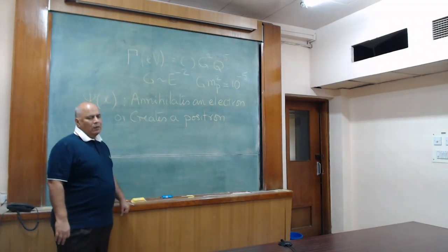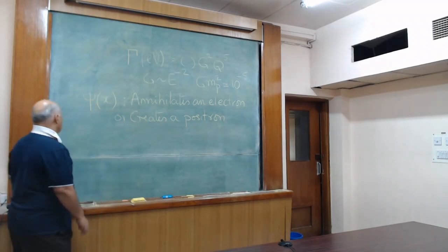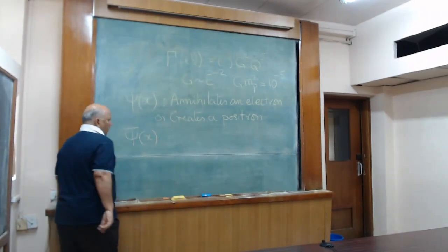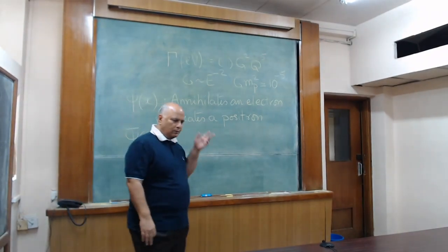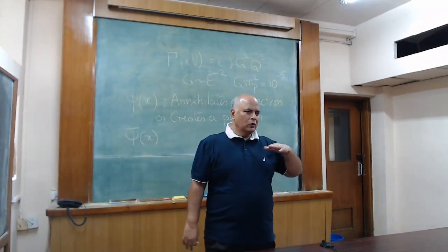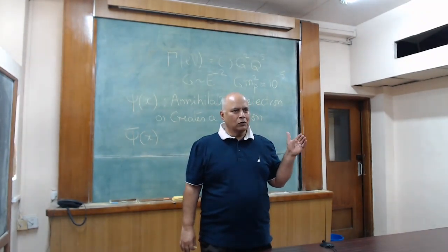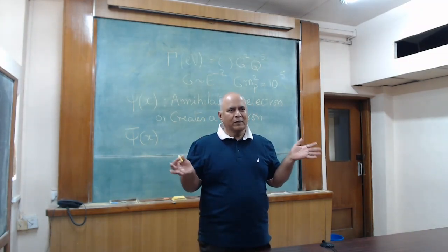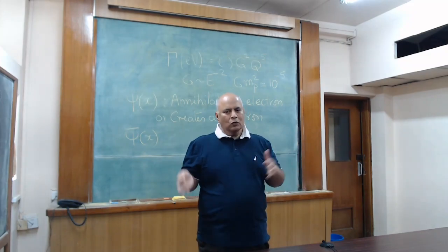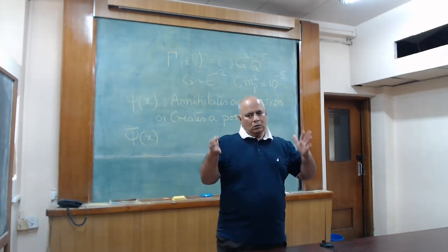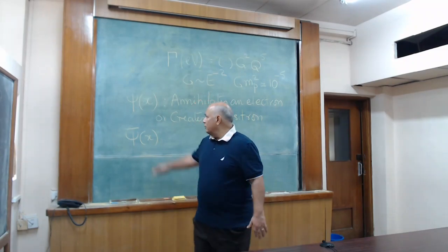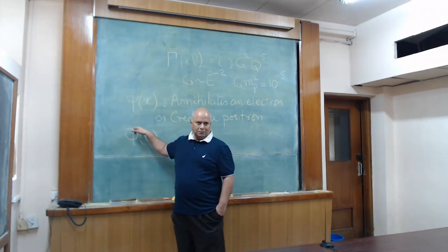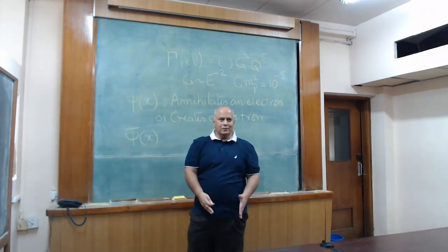And related to this field psi, we define a psi bar. By the way, do you understand the phrase Hermitian conjugate? I mean, you are familiar with matrices. So, we think of psi of x as a column matrix.